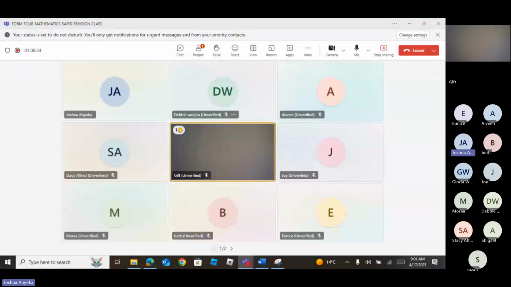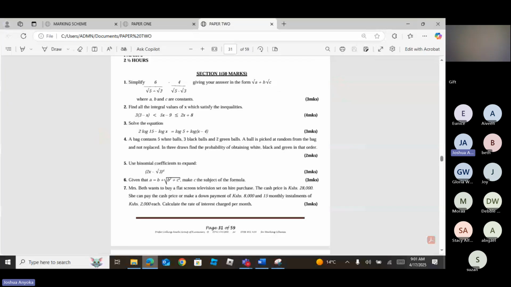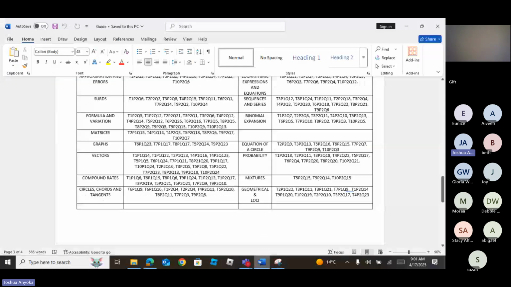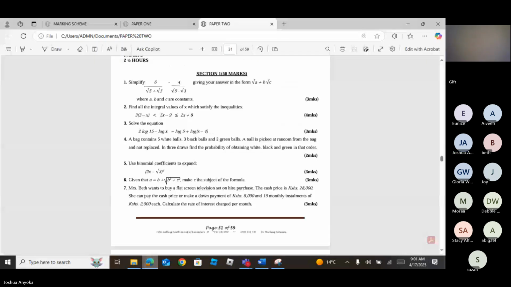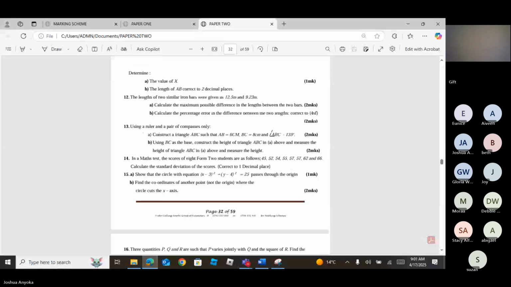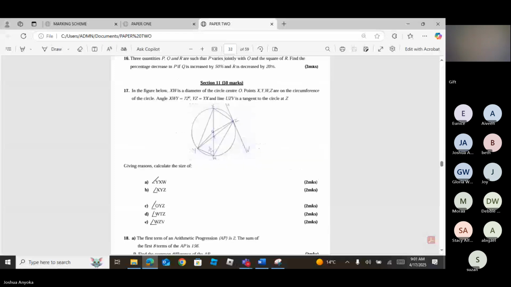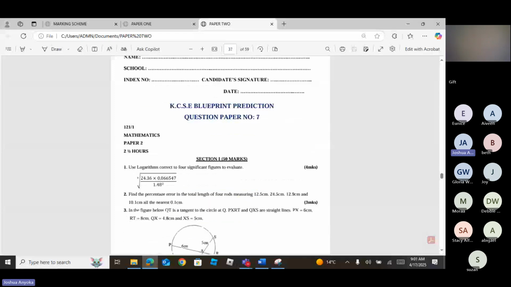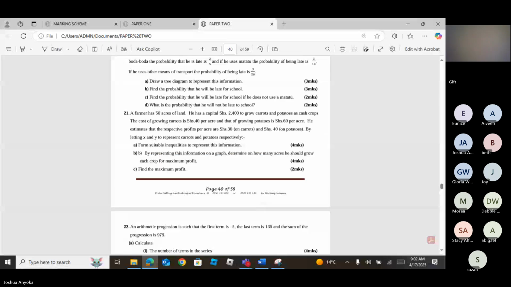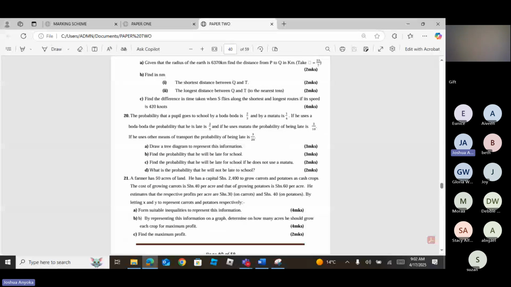Let us see whether we can get a question that talks about a table. If there isn't, we will bear with it. Trial 7, question 20 talks about a border, it is a 3-diagram thing.